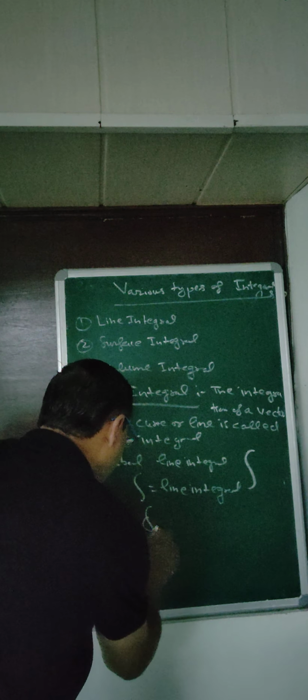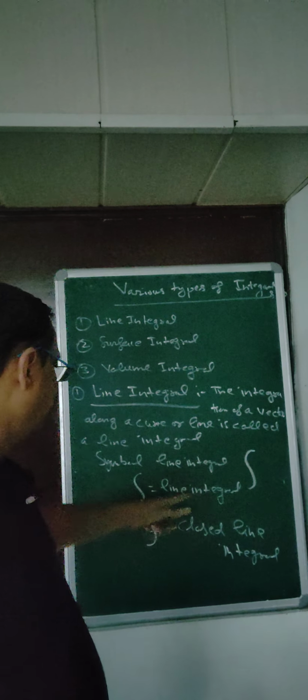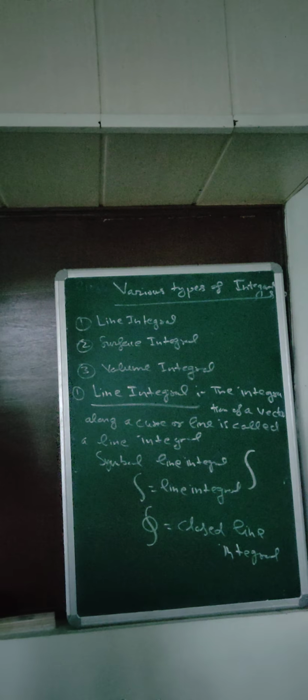And sometimes we put a circle on this line integral sign. If it is encircled, then it means this is a closed line integral. So remember, this is line integral. If a circle is put on the integral sign, then this is called closed line integral.